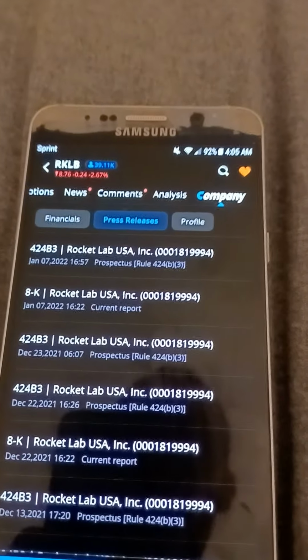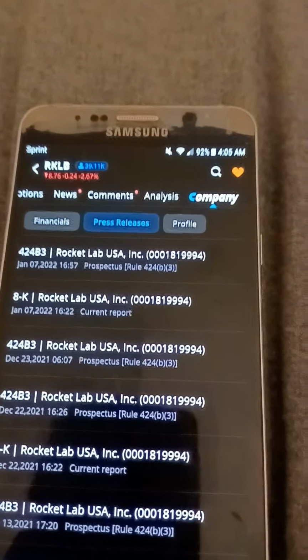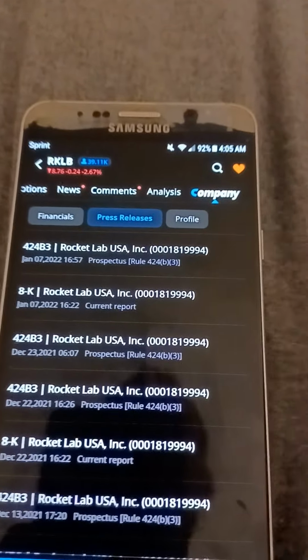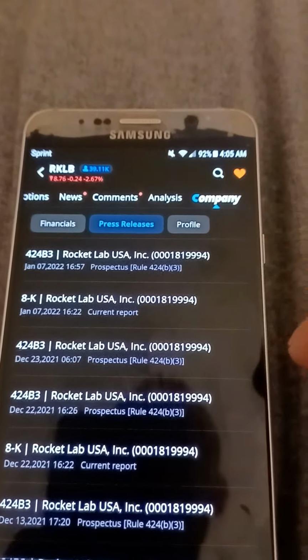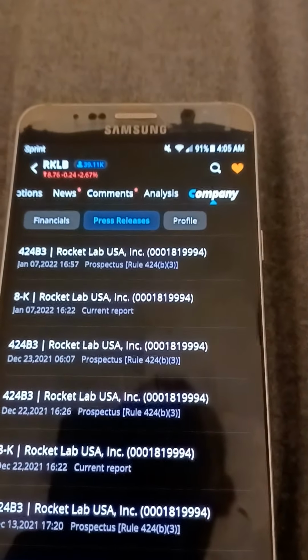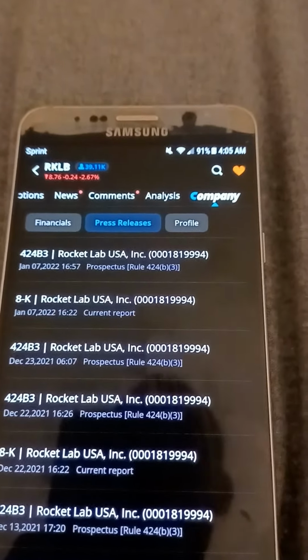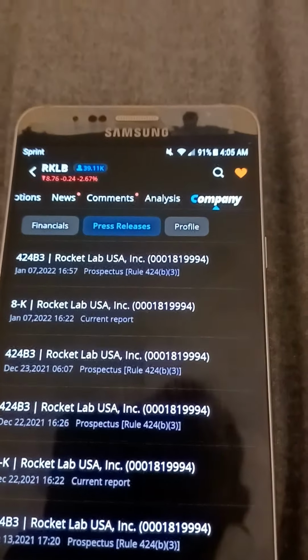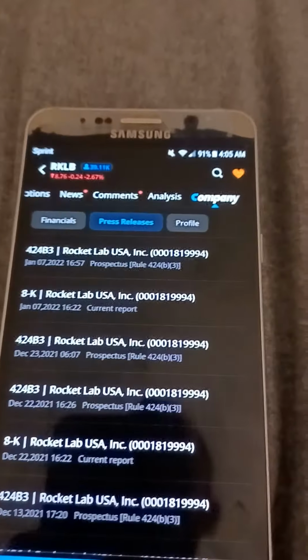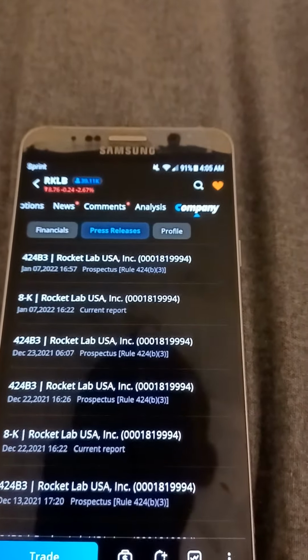You have to subscribe to it, of course, but I don't, but they're fast. And it's very handy to have because I've tested it before, dang near the time that the SEC file gets dropped on the website, Seeking Alpha dumps their news literally 30 seconds later. So something that's pretty handy. But Market Watch is another good one.